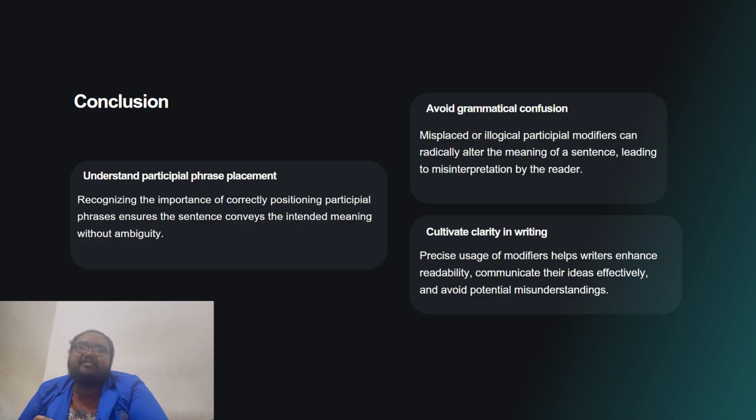Misplaced or illogical participial modifiers can radically alter the meaning of the sentence, leading to misinterpretation by the readers. Codified clarity in writing. Precise usage of modifiers helps writers enhance readability, communicate their ideas effectively, and avoid potential misunderstanding.